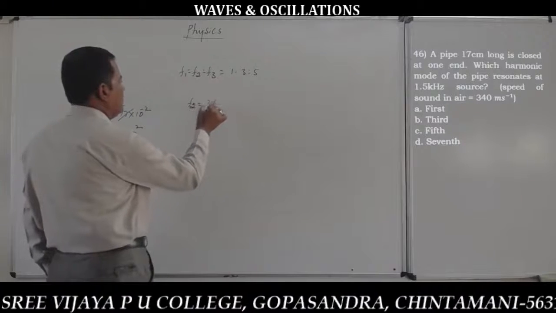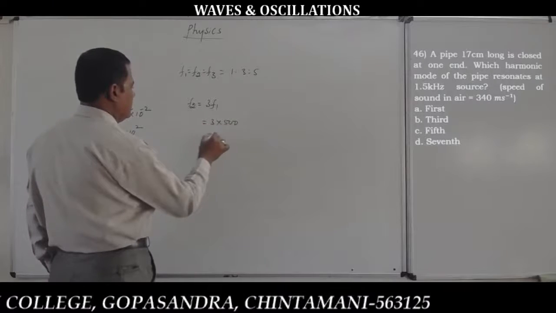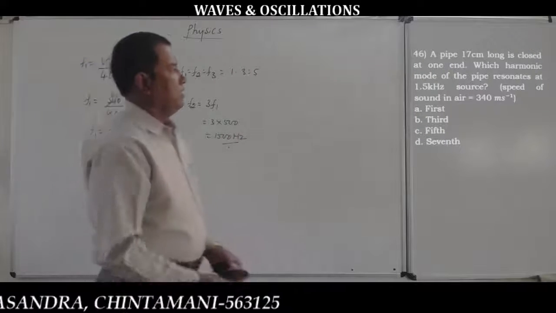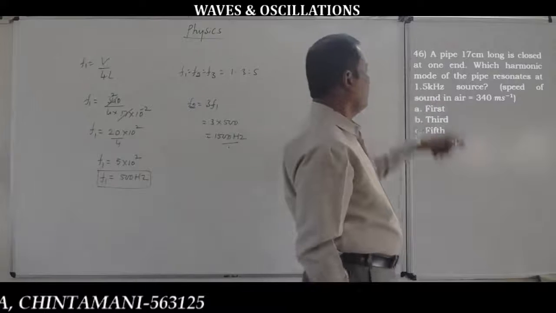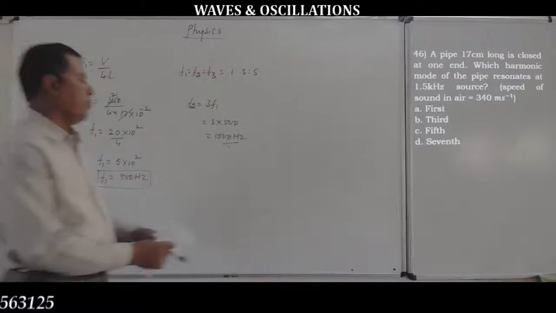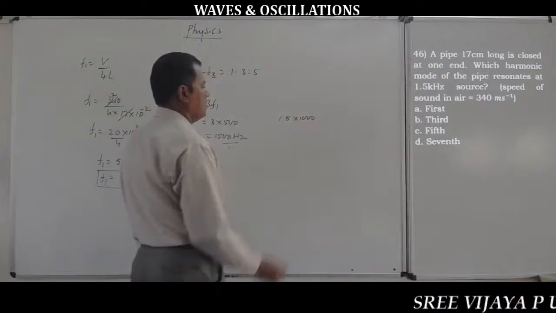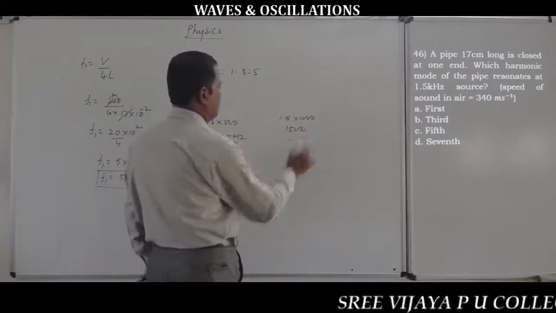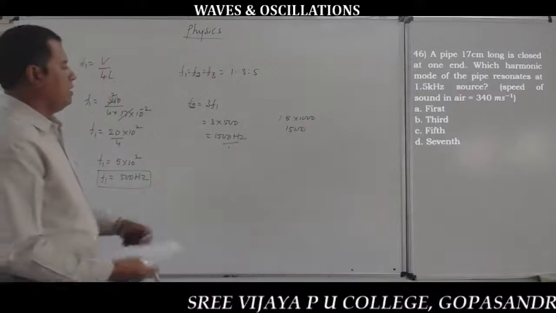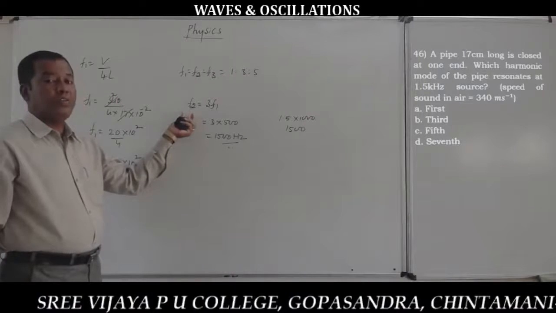F2 is equal to 3 times F1. 3 into 500 will give 1500 hertz. 1.5 kilohertz is nothing but 1.5 into 10 power 3, that is 1500 hertz. But generally while discussing, we had considered this as the second harmonic or the first overtone.